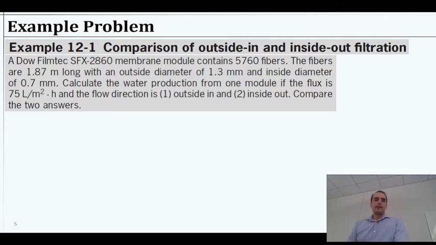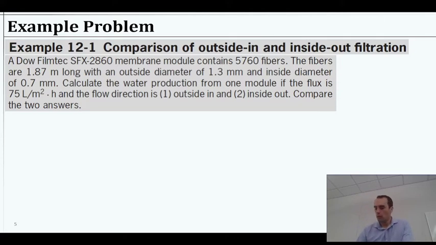So the problem then says calculate the water production from one module, so one module containing all these fibers, if the flux is 75 liters per square meter per hour. And the flow direction is either 1, or A, you could say, outside in, or B, inside out. And then it asks you to compare the two answers.